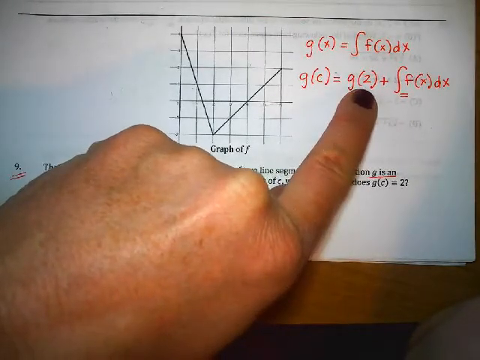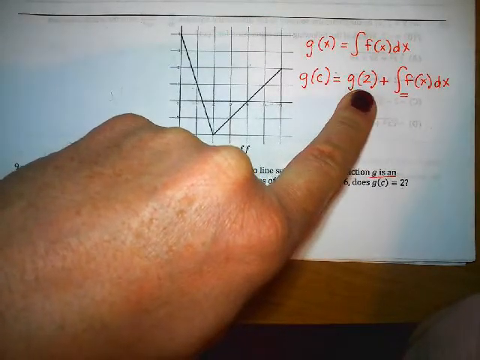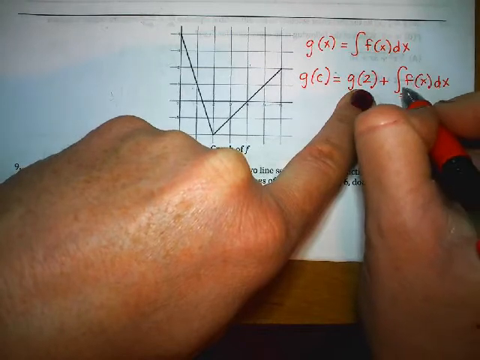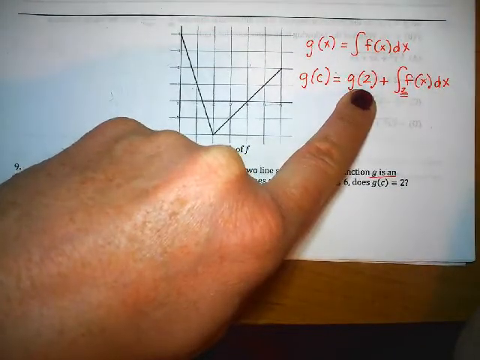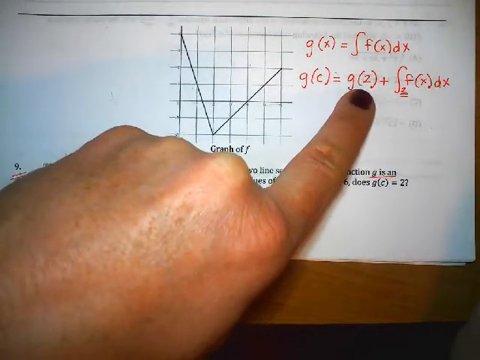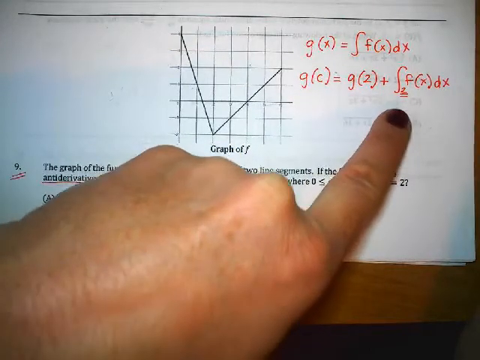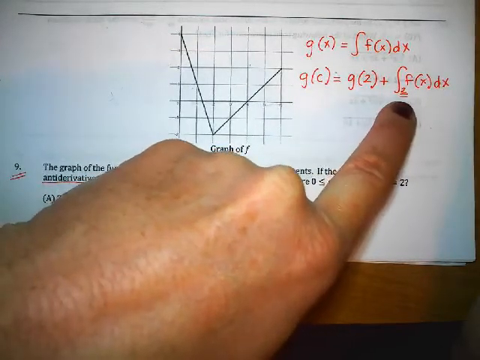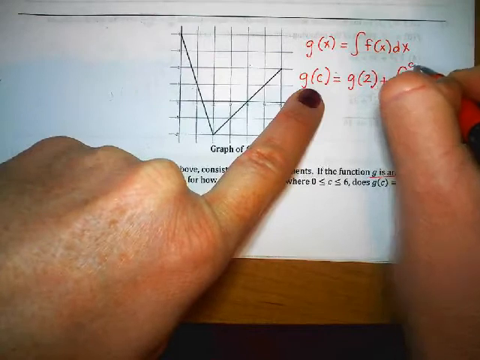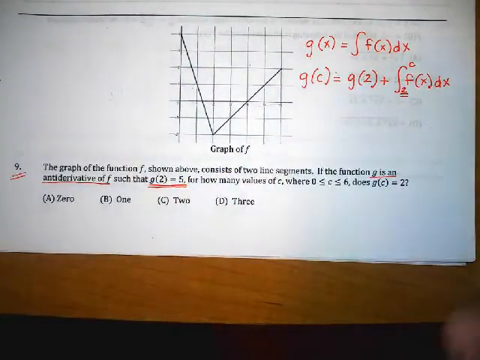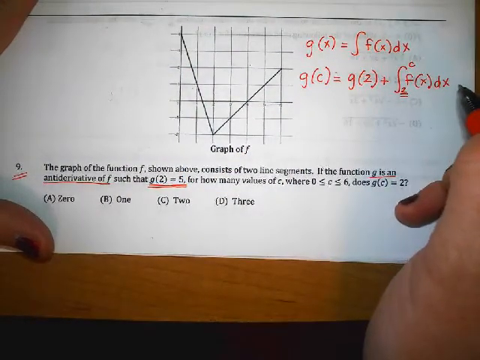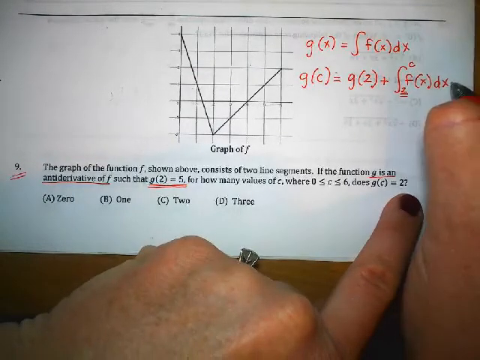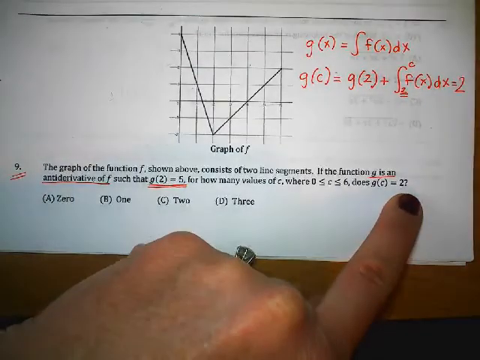Wherever our initial condition starts, it starts at 2, so that's going to go at the bottom of my integral. This is where we're at 2, and this is going to be our change from 2 to c, which is any value. And I want to know when this right here is equal to 2. That's what our problem says.